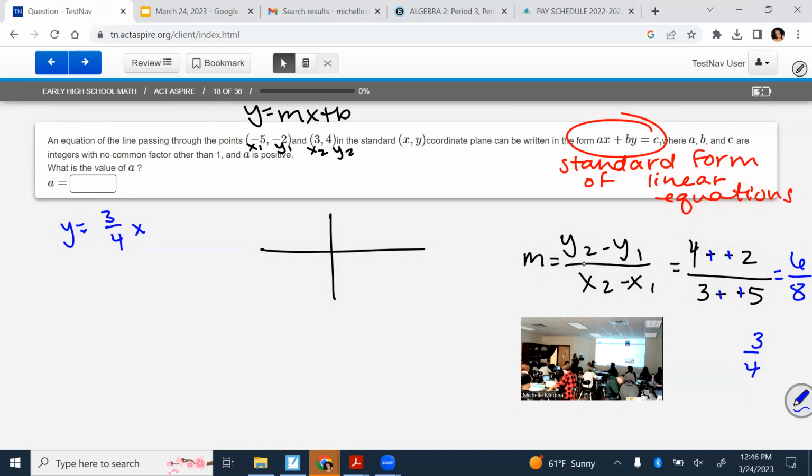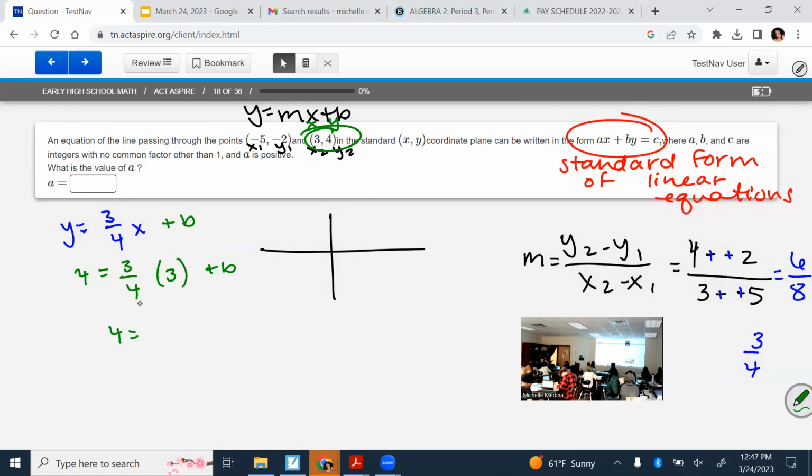Well, since you have 2 coordinates, what you can do is pick one of them, and it really doesn't matter which one. I'm gonna pick the 3, 4 because that looks easier to work with. I'm gonna make one of them X, one of them Y, and plug it into here. And we're basically gonna be solving for the B. So my Y would be 4. My X is 3, so you just pick one of the coordinates and plug it in for X and Y, and now we're solving for B.